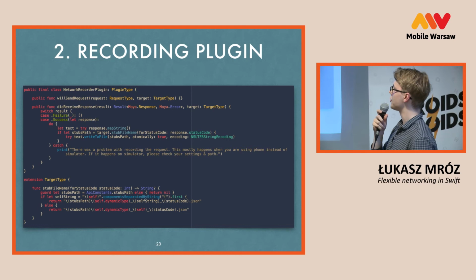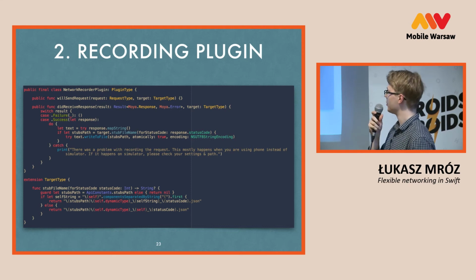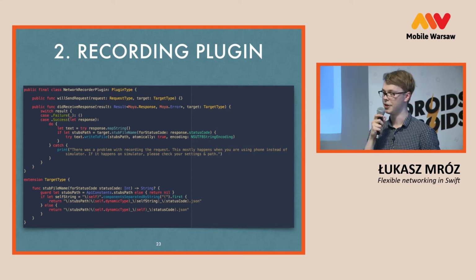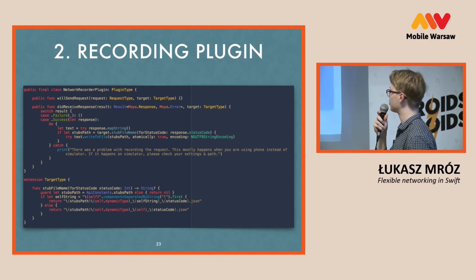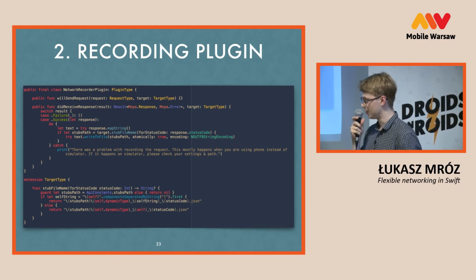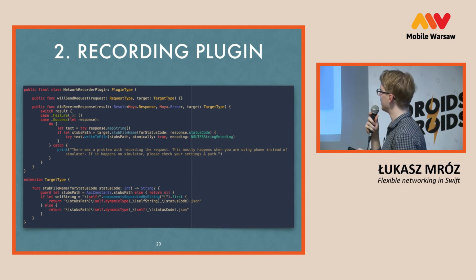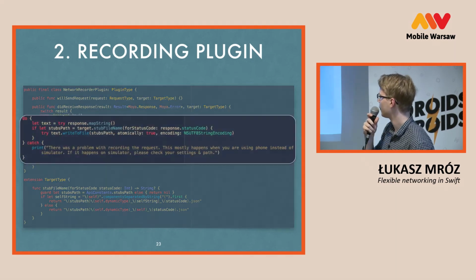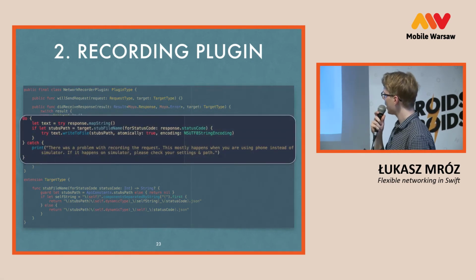So every time we receive a response, which is a success, which is basically if the response was serialized in Alamofire, we want to map this to a string, then get the name for a stub, which is done by the function before, and save to the file.